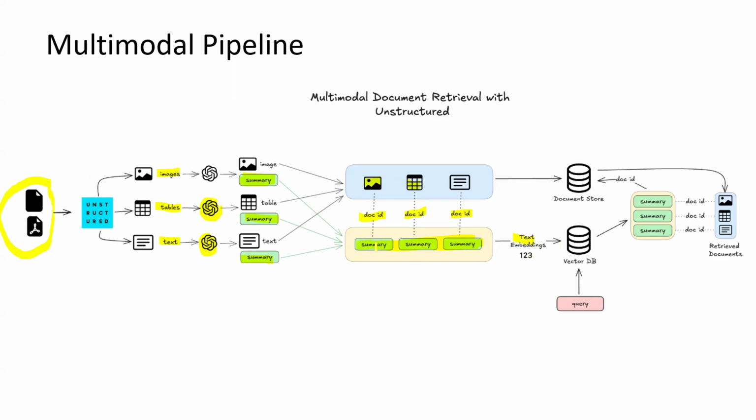So only summaries will go into our vector database, not the multimodal items. They will go into a separate store, like a document store. The rich media like images, tables and other things go into the document store, which is not a vector DB.